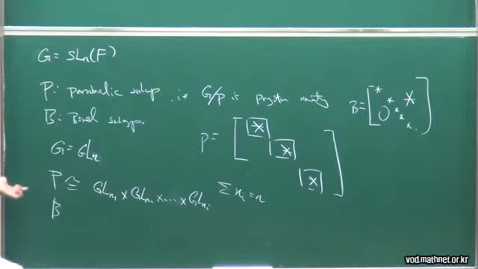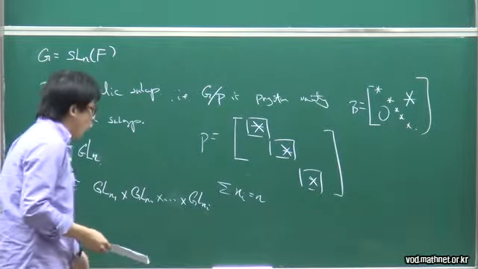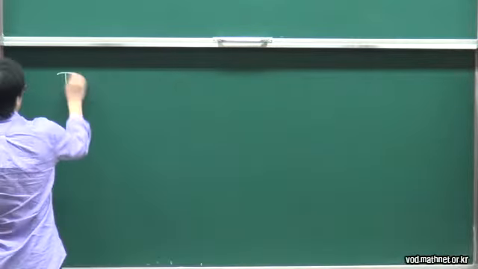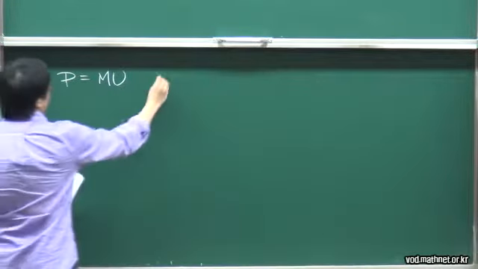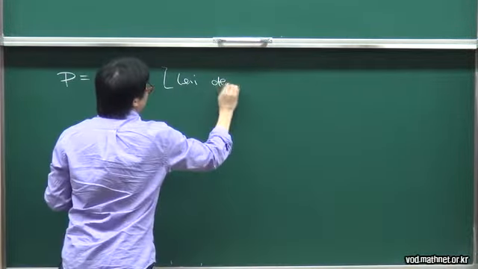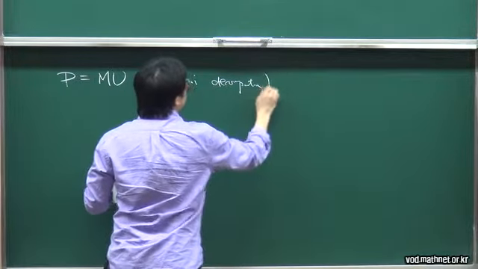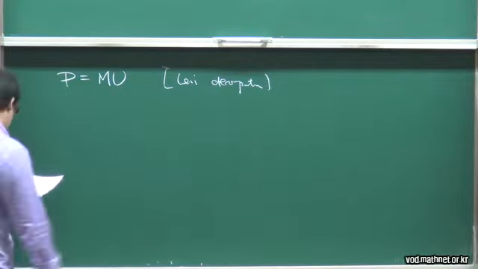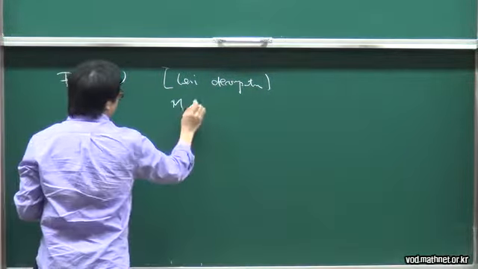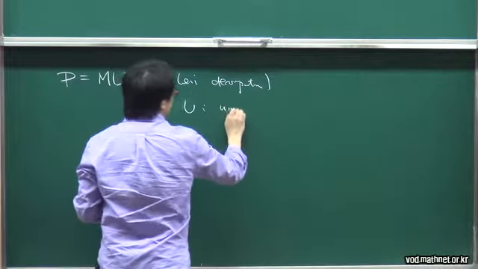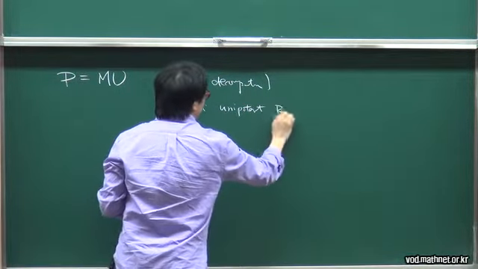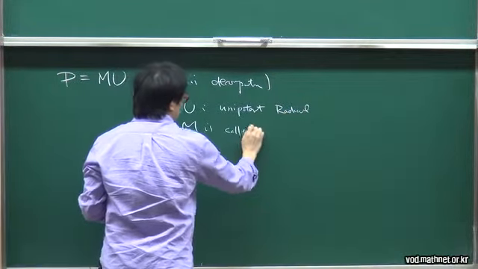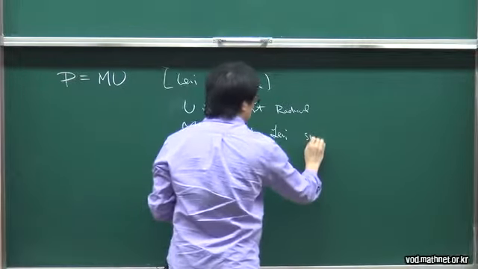For any proper parabolic subgroup, we will have the so-called Levi decomposition. That means we have such a semi-direct product, P = M ⋉ U. Here U is the unipotent radical, and M is called the Levi subgroup.